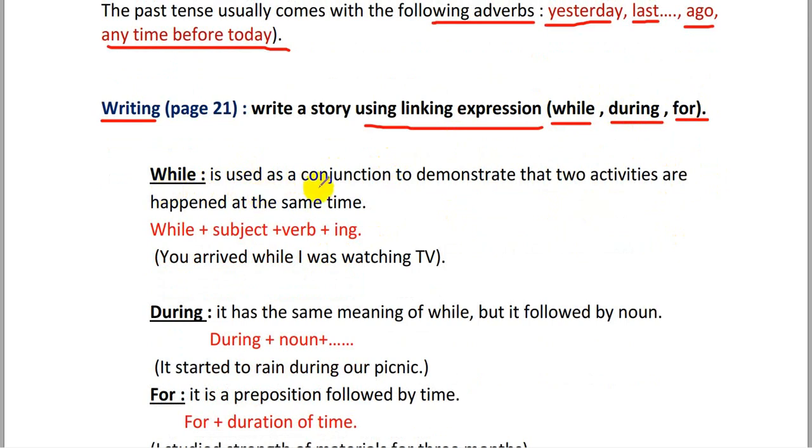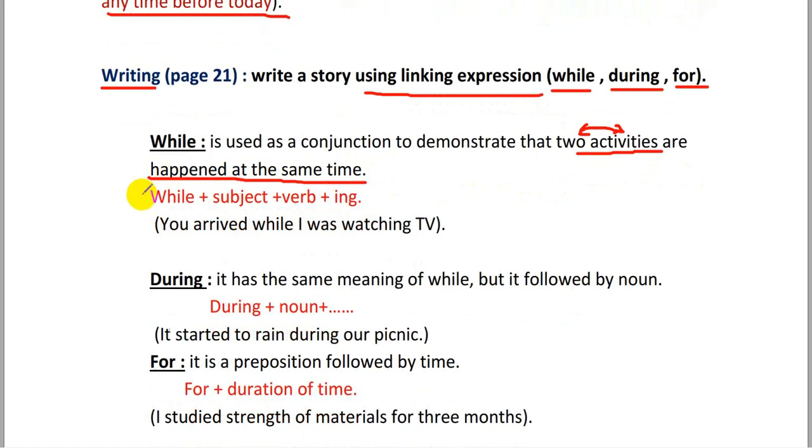While is used as a conjunction to demonstrate that two activities happen at the same time. هذه تستخدم كأداة ربط للإشارة إلى عملين أو حادثتين يتمان بنفس الوقت. الصيغة مالته: while subject verb plus ing، بمعنى أنه دائما بعد while يجينا فعل مستمر ing.